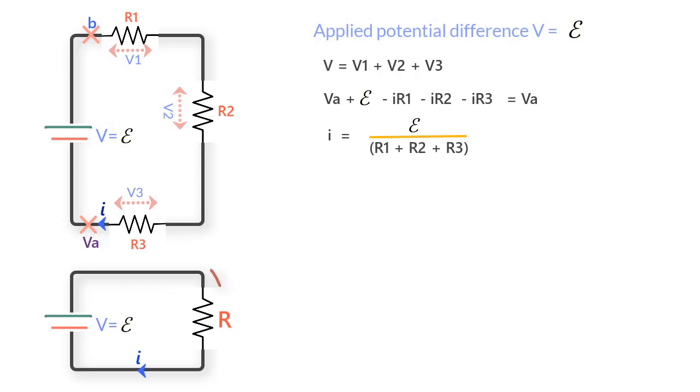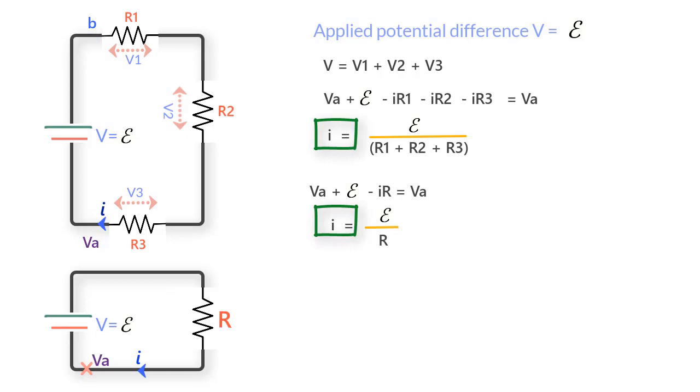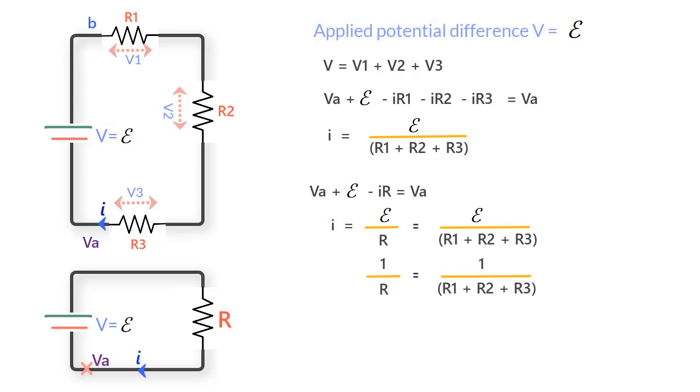And for this loop again, moving clockwise, VA plus E minus IR is equal to VA, or I is equal to E upon R. Then if we equate the two I values, what we get is E upon R is equal to E upon R1 plus R2 plus R3, or R is equal to R1 plus R2 plus R3.